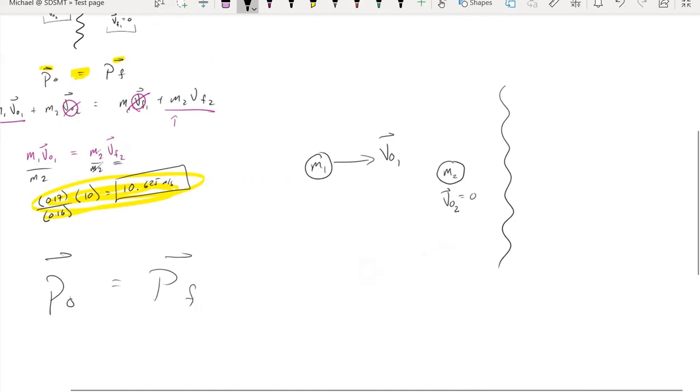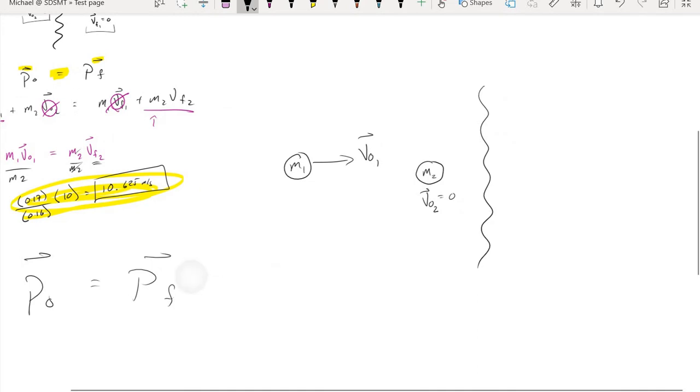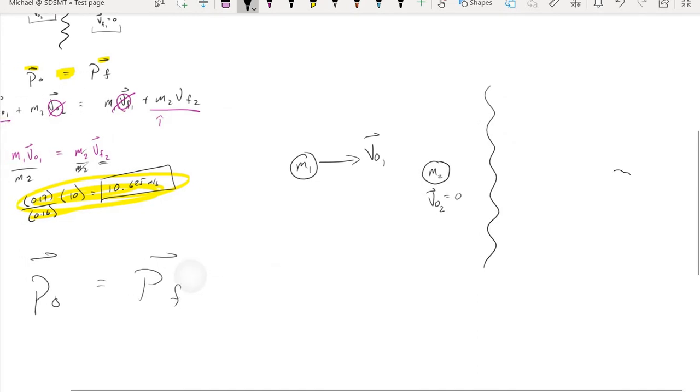And then after the collision, the 8-ball is going to be deflected down and to the right with some final velocity. And the cue ball, there's a couple of different options as to what might happen.